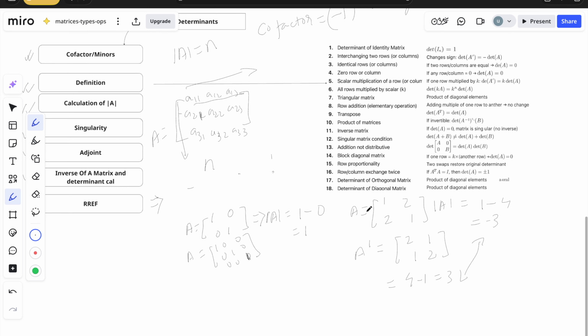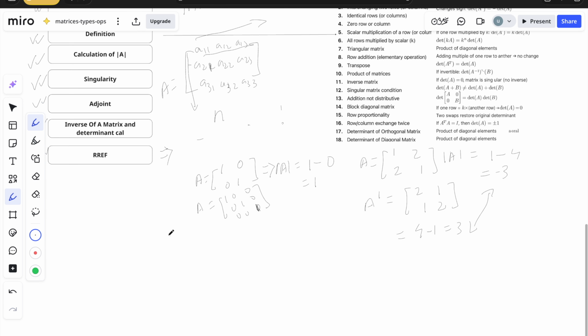Now one of the most important properties for calculation of determinant is identical rows or columns. What does it mean? Let's say for example we have a matrix A, and if we take it as 1 2 3, 1 2 3, 3 4 5, then the determinant of this matrix will always be 0.